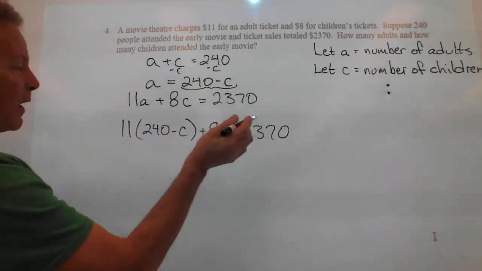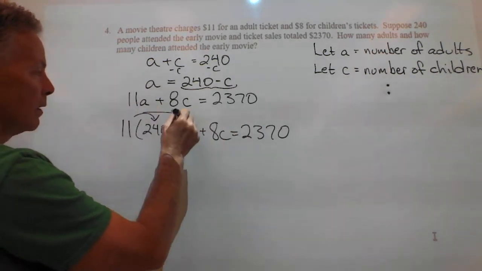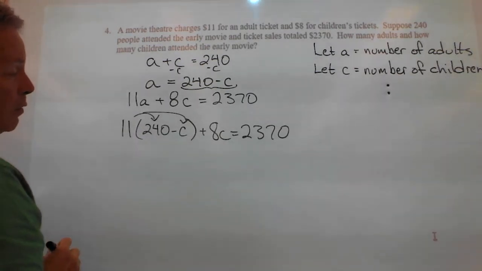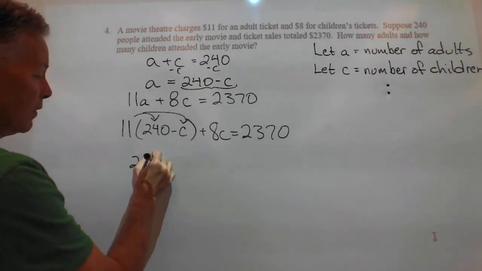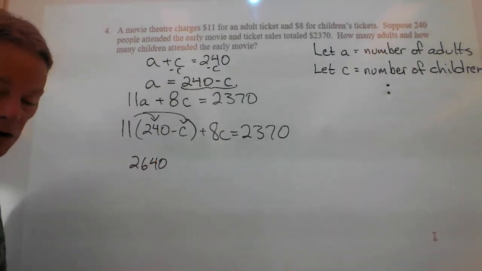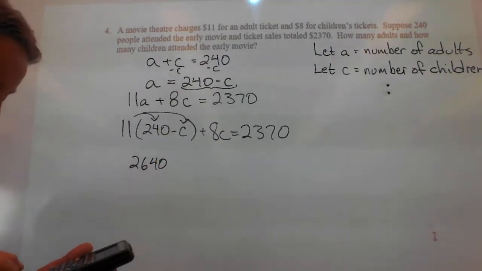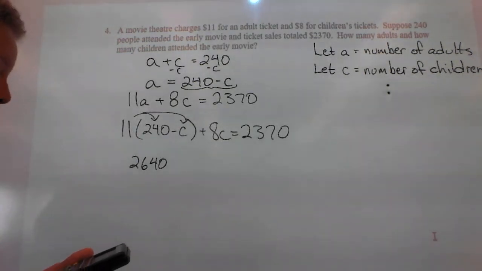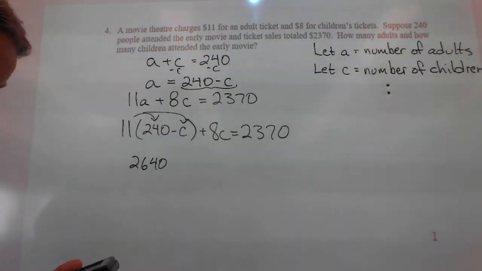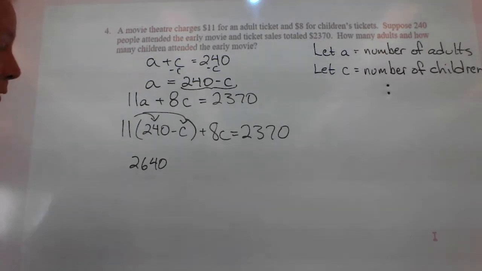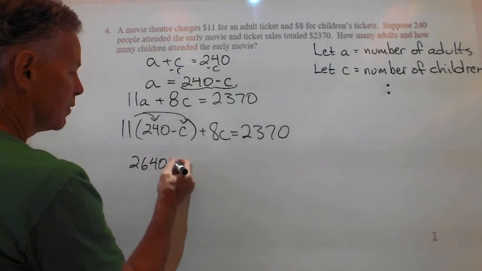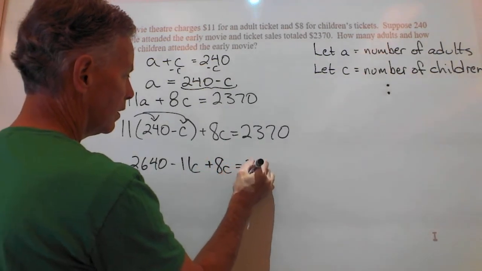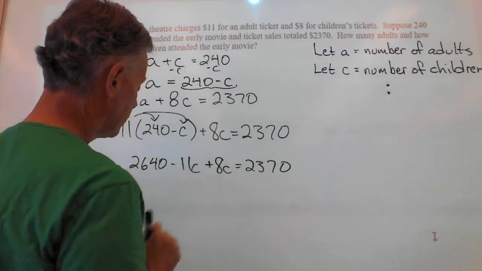So, simplify the left side. Distribute 11 times 240 would be 2640, I think. This is where he uses his calculator to check. 11 times 240. Yep. So 2640, 11 times minus C is minus 11C, plus 8C equals 2370.